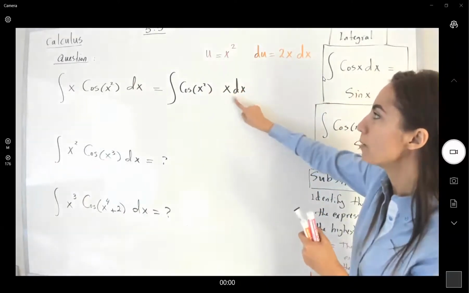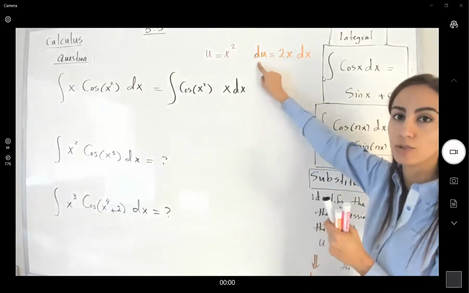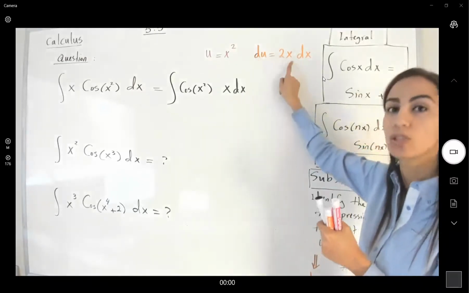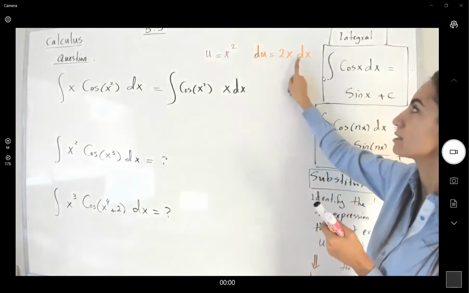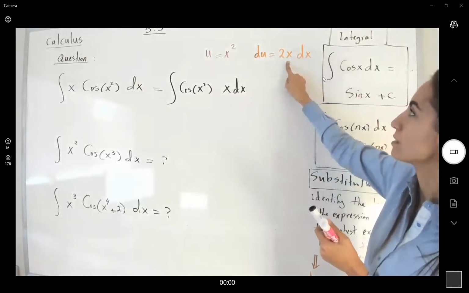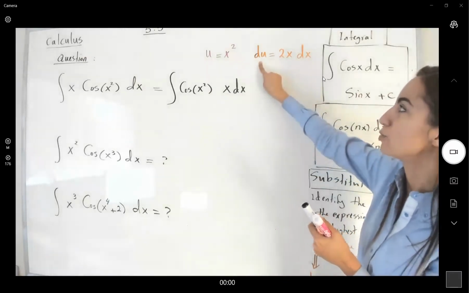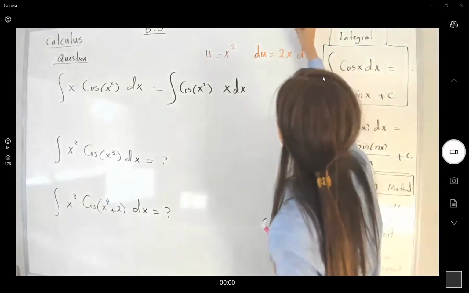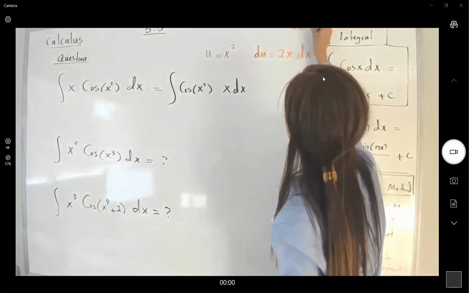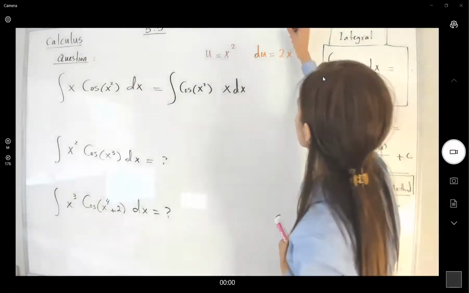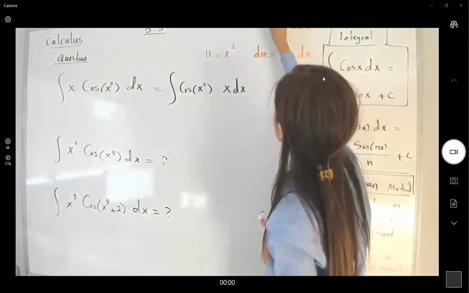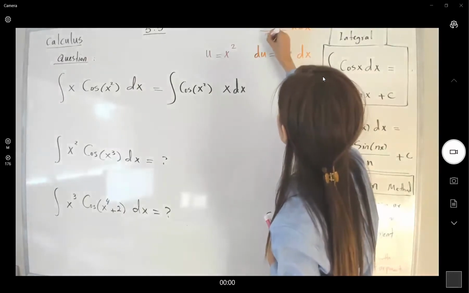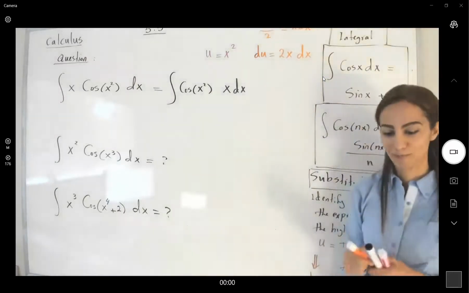I have some part of du. du is 2 times x dx. So x dx is du divided by 2. So x times dx, which I have here, is replaced by du divided by 2.